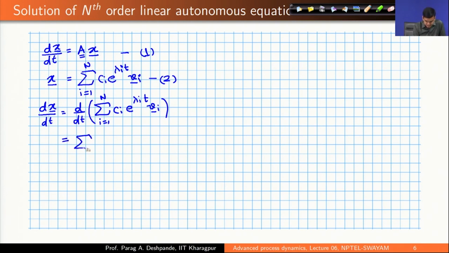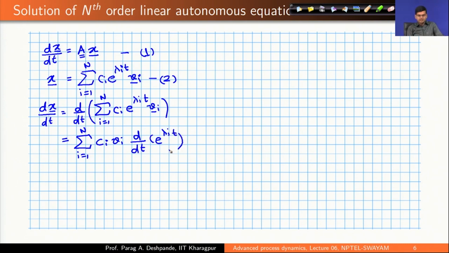This can be written as i going from 1 to capital N. Now, inside the bracket, the only quantity which is a function of time is e to the power lambda i t. C i's are constants and all the entries in V i's are also constants. So, therefore, I can write this as C i V i d by dt of e to the power lambda i t.